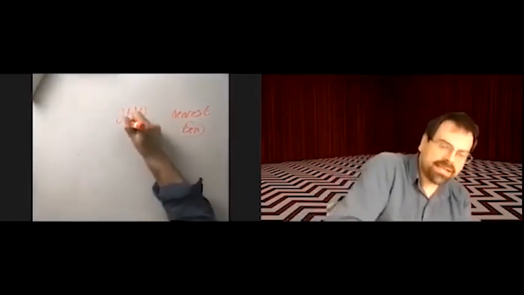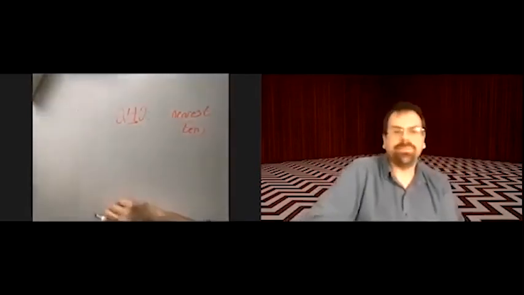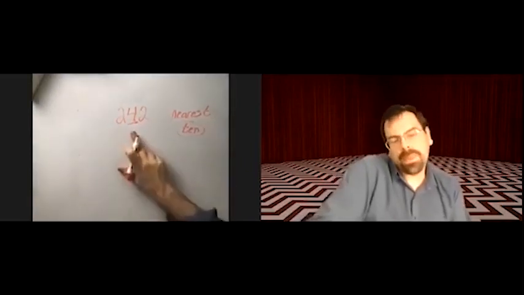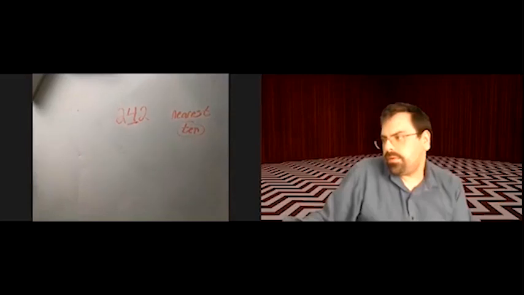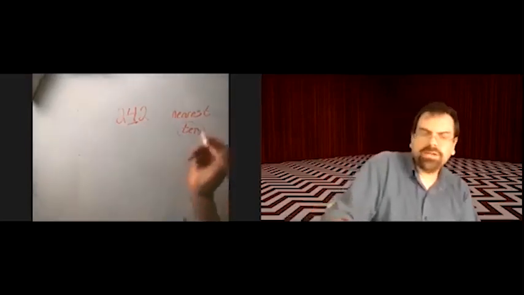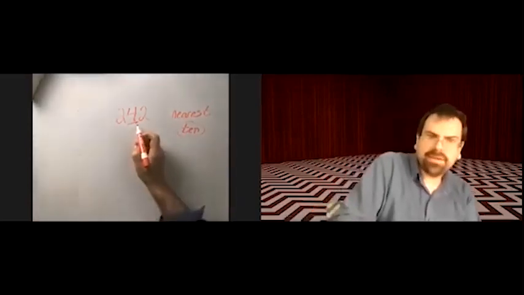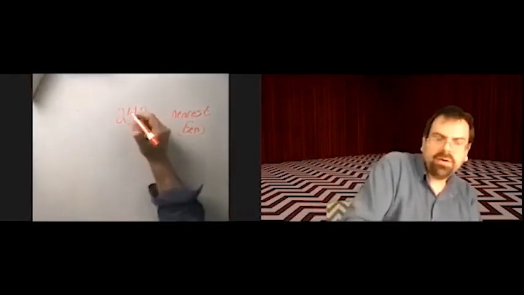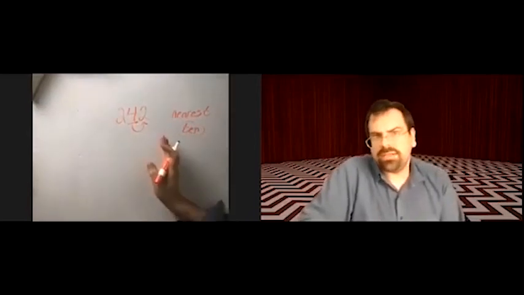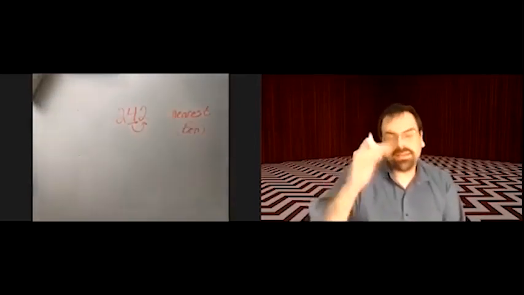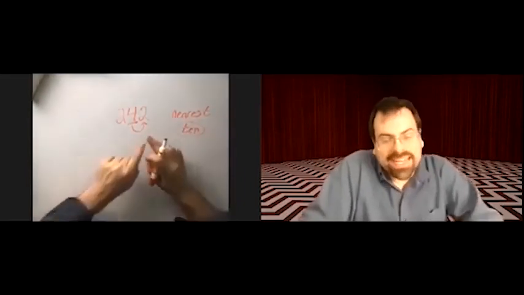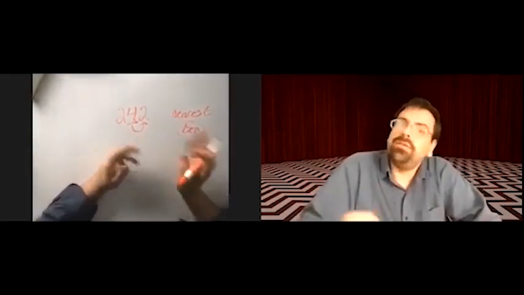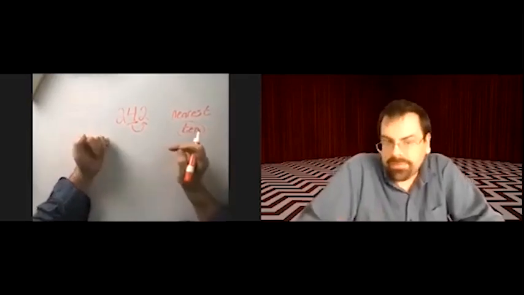Ones, tens, hundreds. So we underline the tens spot. And then we look at the digit to the right. The digit to the right of the 10 spot, because we're doing nearest 10, that's going to be what determines if we round up or round down.